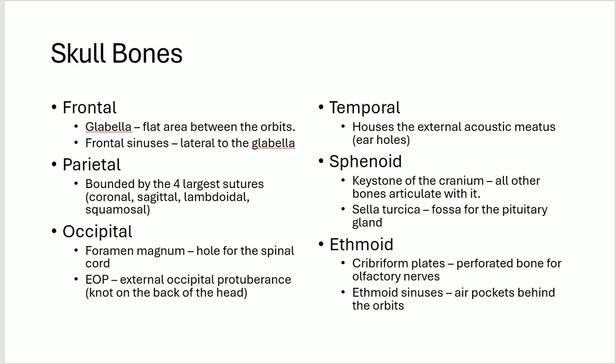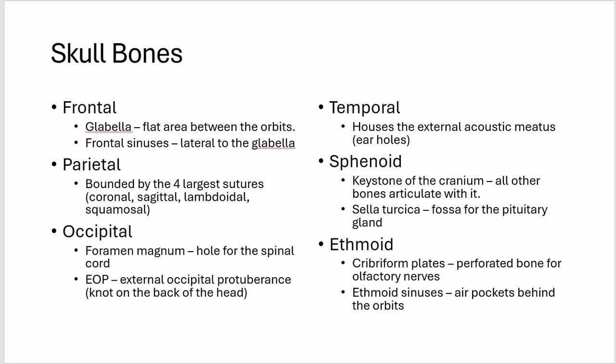On the inside is the sella turcica, which we will look at, and it's a fossa for the pituitary gland. So it's the structure that holds the pituitary gland. It's cup-shaped or U-shaped. The sella turcica can be enlarged if there was a tumor on the pituitary gland.